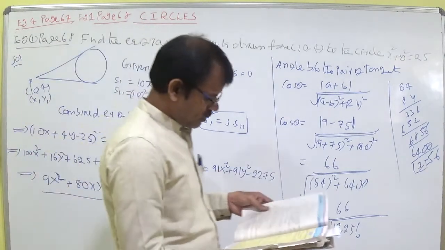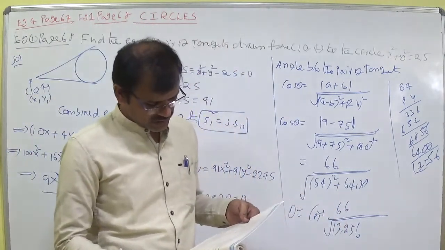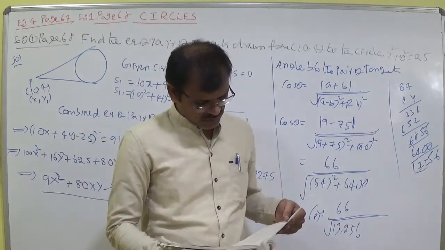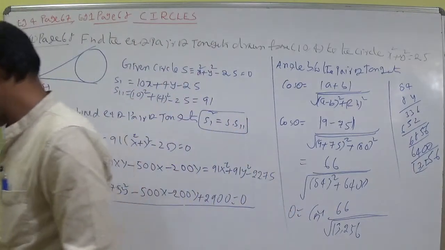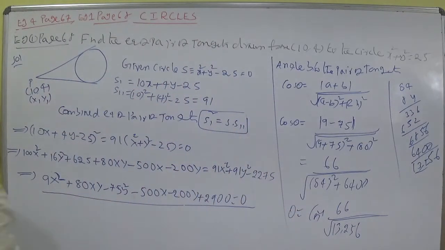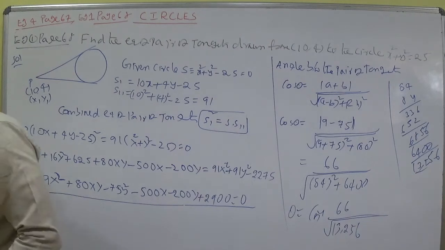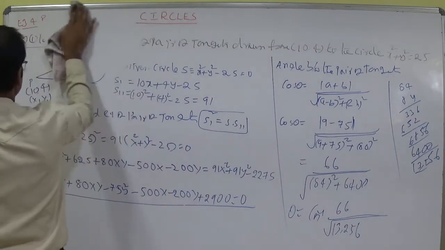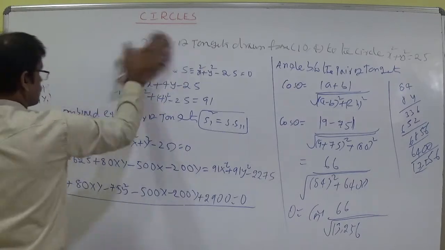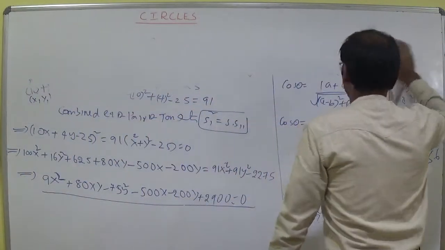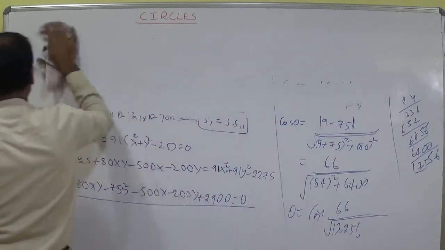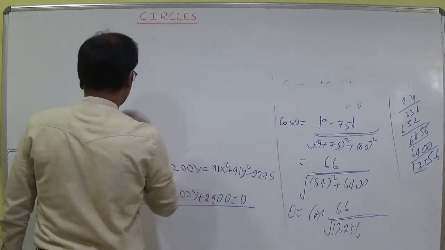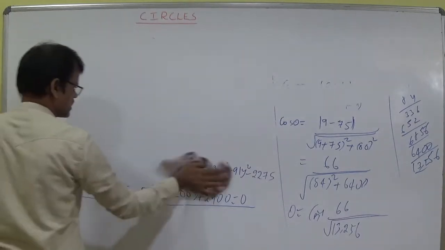Now we are entering into the Exercise 1E concept. Exercise 1E is the last exercise of the circle chapter. One 7-mark question, 100% one 7-mark question will come from this exercise.